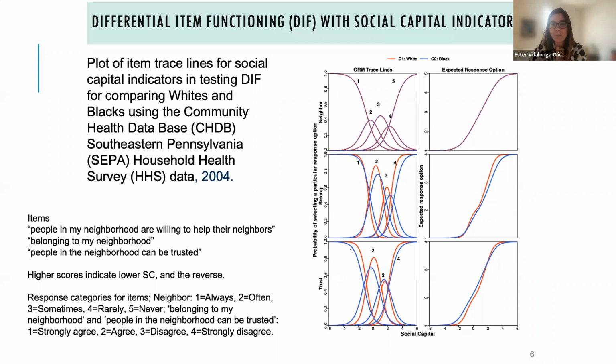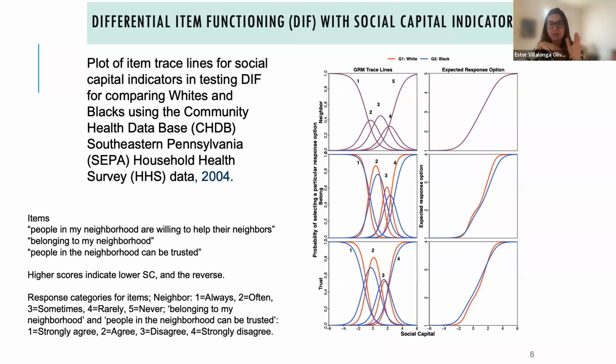In the item people in the neighborhood can be trusted, which is this one, Blacks have higher levels of endorsement of the strongly agree and agree options compared to whites when having the exact same levels of social capital. However, whites have higher levels of endorsement of the strongly disagree response option than Blacks when having the same low levels of social capital.